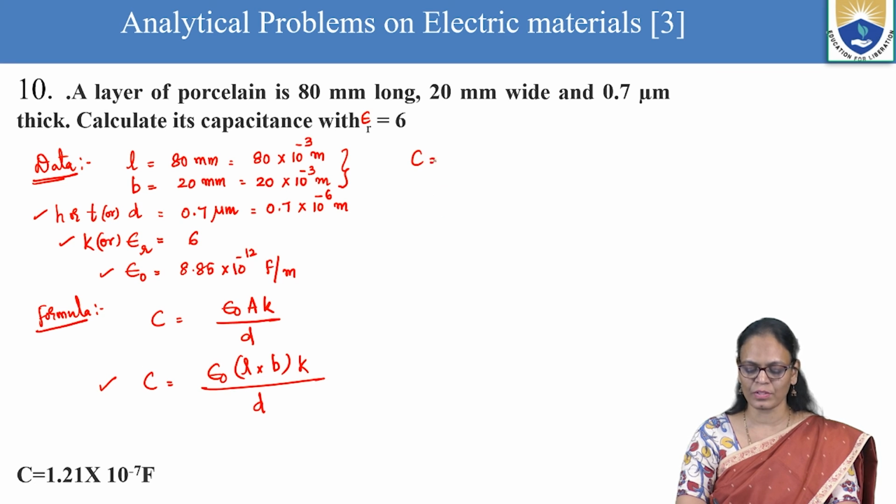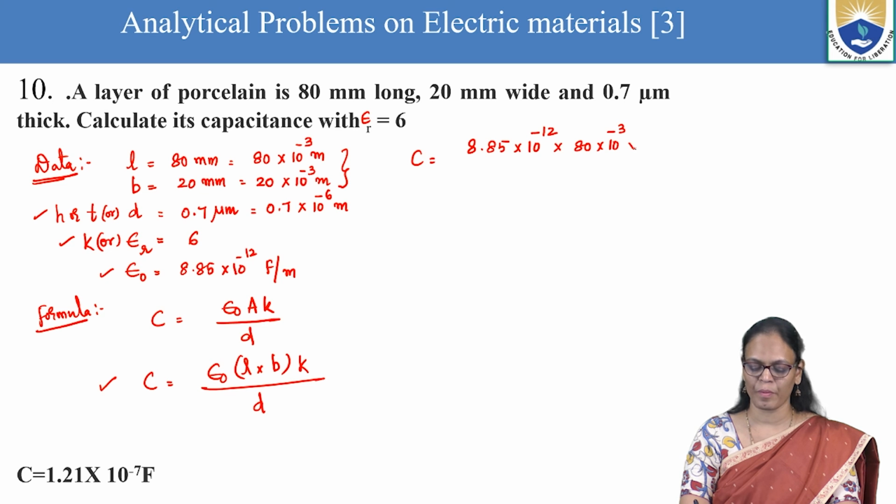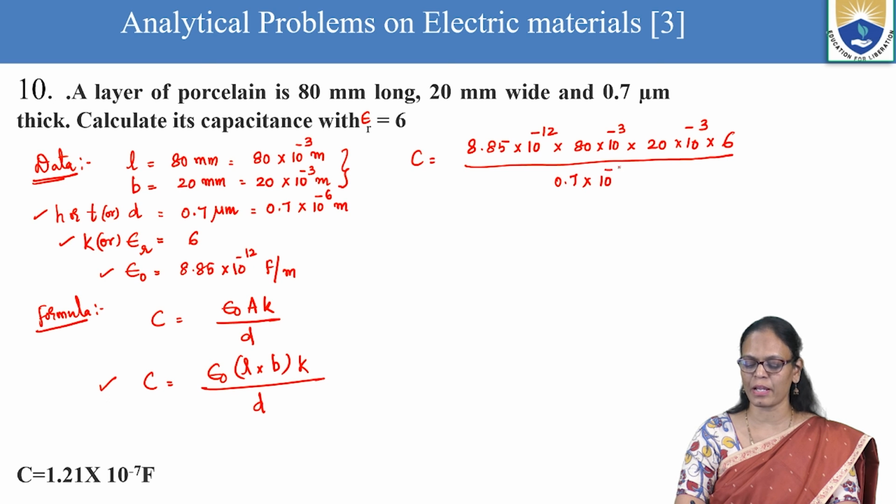So C is equal to epsilon naught is 8.85 into 10 power minus 12 into length 80 into 10 power minus 3 into breadth 20 into 10 power minus 3 into K is 6 upon D 0.7 micrometer, that is 10 power minus 6.